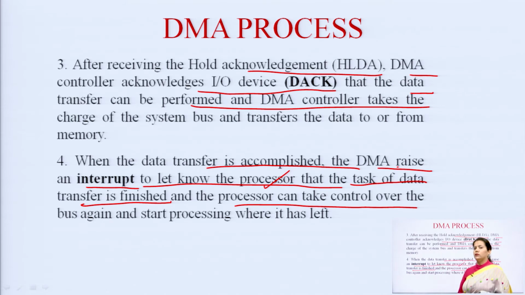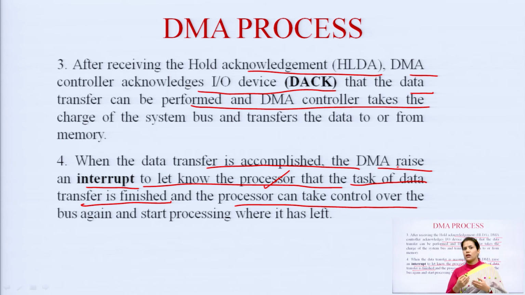So, now ultimately what is happening? First of all, the request was sent from an input output device to the DMAC. DMAC was sending the request to the CPU. The CPU was acknowledging that request and sending the acknowledgement signal to the DMAC, and then after that DMAC will send the acknowledgement signal to the input output device, because the input output device was the one which was making the request.